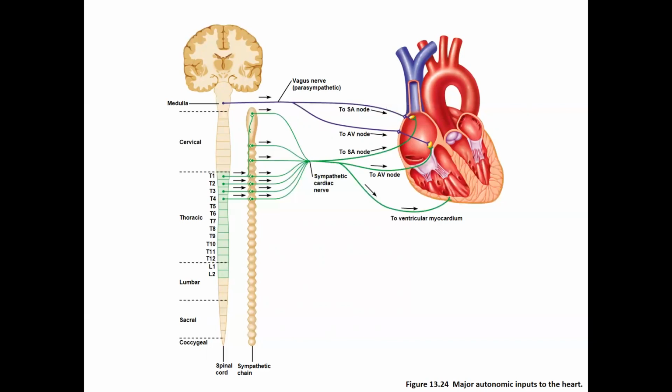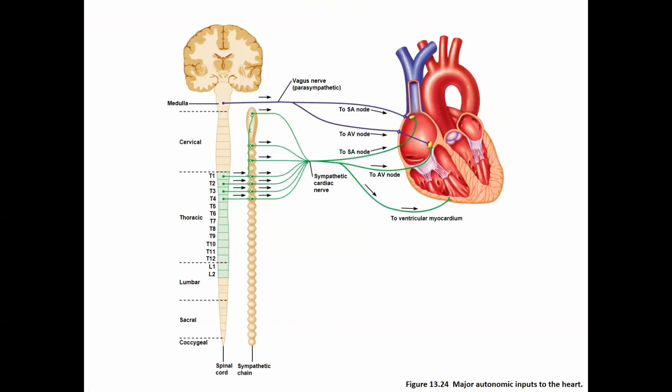The important points here are that the vagus nerve, which is a direct flow from the parasympathetic division of the autonomic nervous system, is going to innervate the SA node and the AV node only. Whereas the sympathetic division, which we should be familiar with as T1 to L2, running through the sympathetic chain, is going to innervate the SA node, the AV node, but then also the ventricular contractile cells.